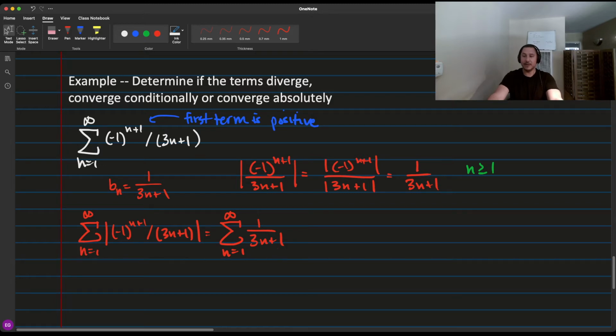So we look at this and we can do the comparison test. We've talked about the comparison test in this class. Actually, what should we use for this one? We could use the limit comparison test, which says you would take the limit of... let's see, what should we compare this to?